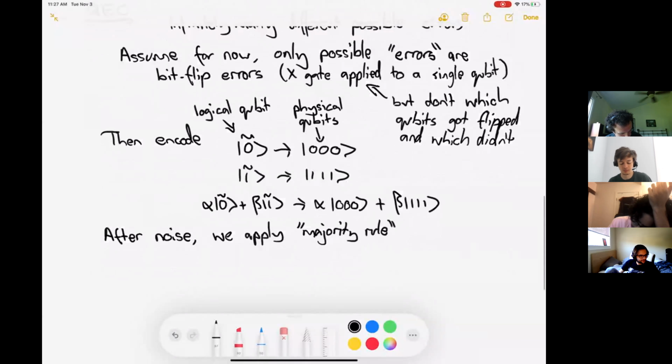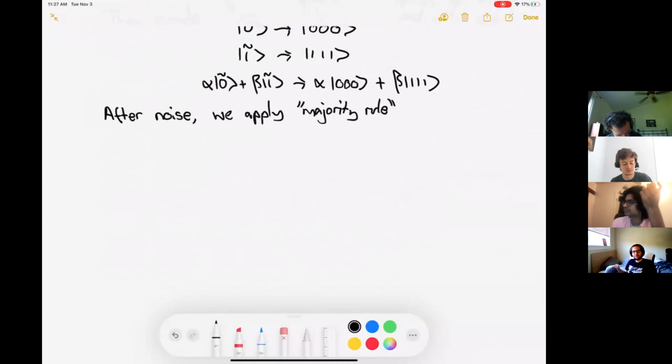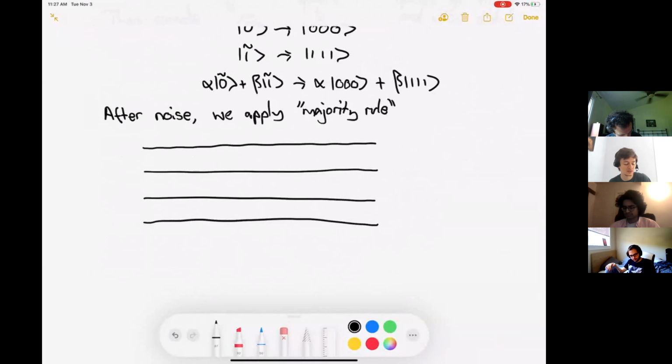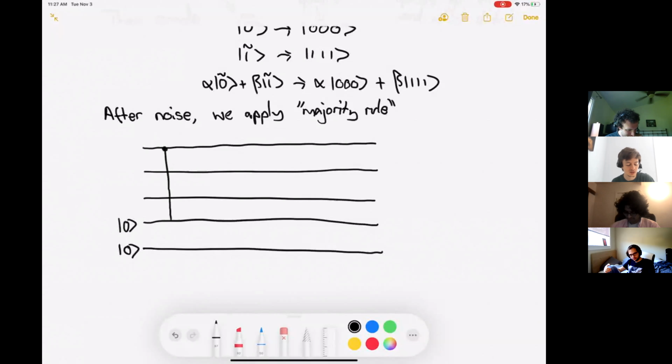So how do we do that? Well, we're going to do it using the following circuit. We have our 3 qubits, and we're going to get 2 extra qubits just in the 0 state. Then for the top ancilla qubit, we apply a CNOT controlled by the top qubit, and then a CNOT controlled by the middle qubit.